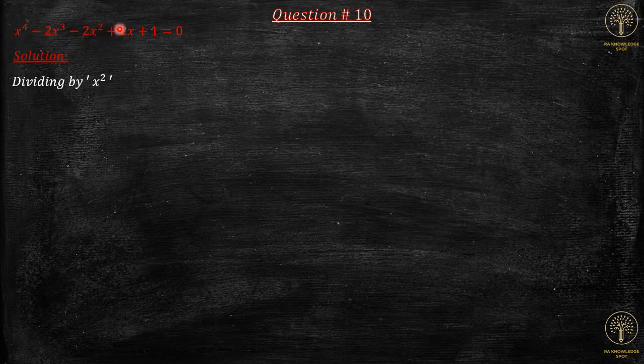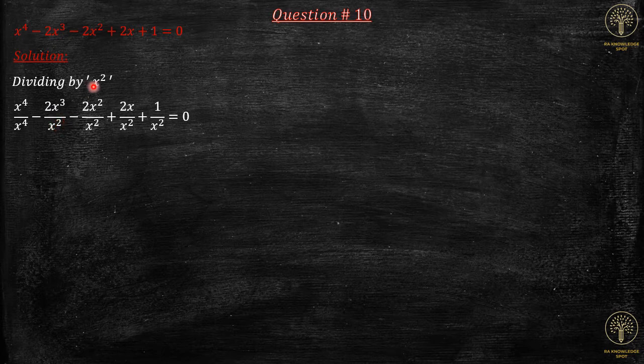We have to divide this whole equation by x square. Why? We are going to apply dividing, this is x square, again x square. We have to divide each of the terms by x square. After division there is some cancellation, like this is x^4 and this is x^2. After cancellation you will get x square. This will be cancelled.